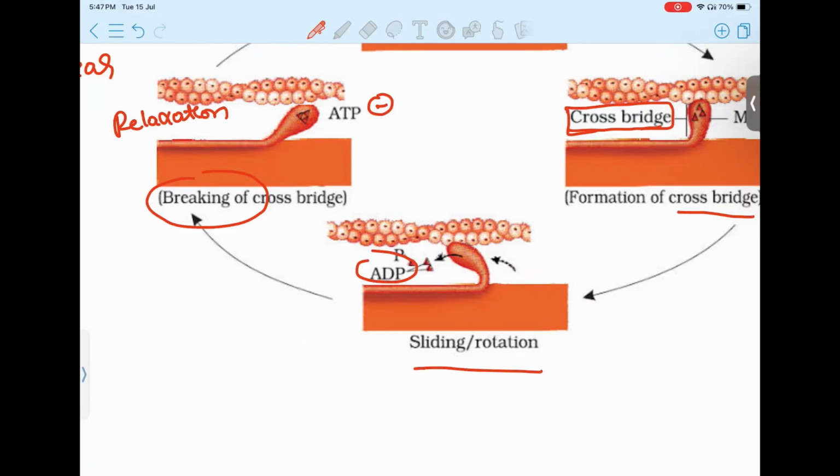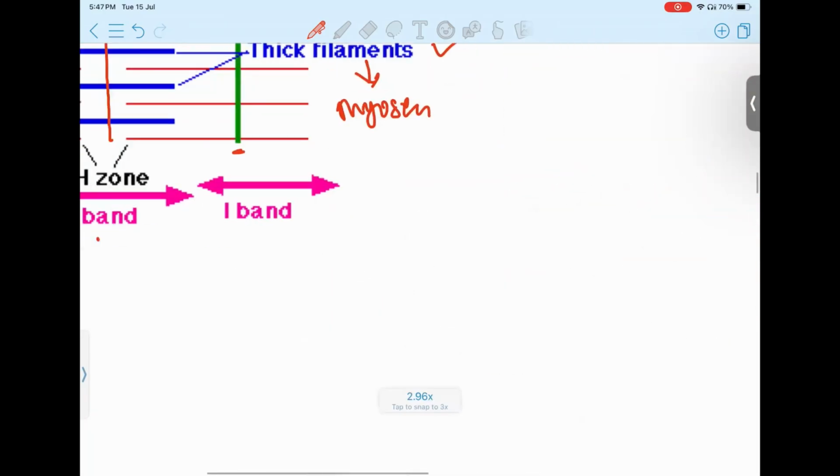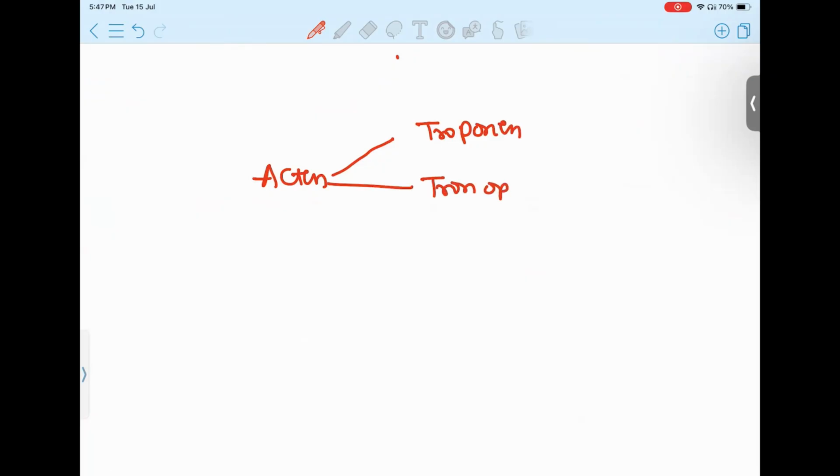But how does this entire process happen here? Basically, your actin contains three types of myofilaments. What are those three, guys? One is your troponin, another one is your tropomyosin, and another one we also have is calcium.